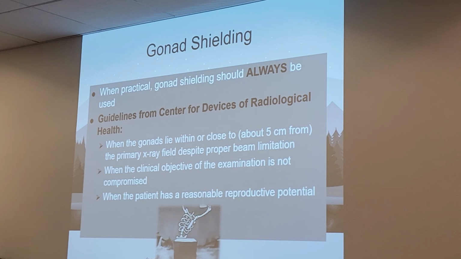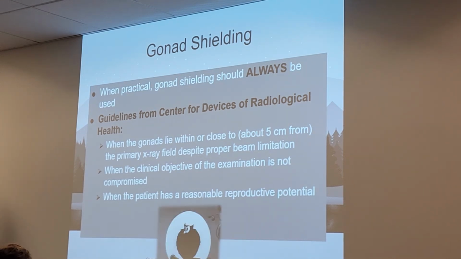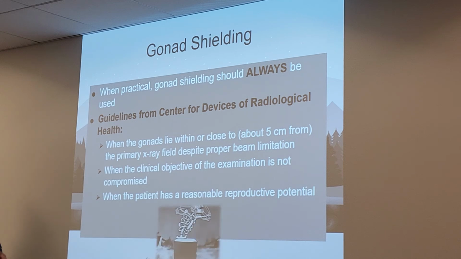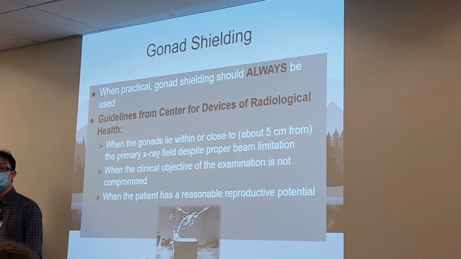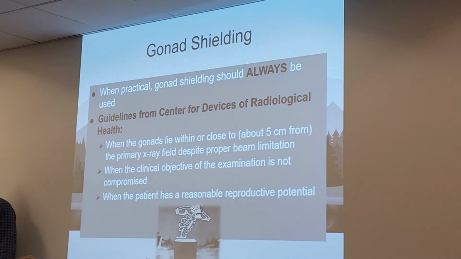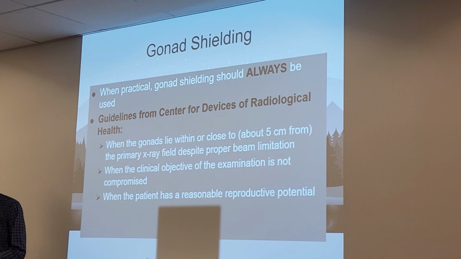So guideline from the Center for Devices and Radiological Health: when the gonads lie within or close to the primary x-ray field, you should use gonadal shielding. Right, so as long as your light is within 2 inches, 5 centimeters, you should be using shielding.